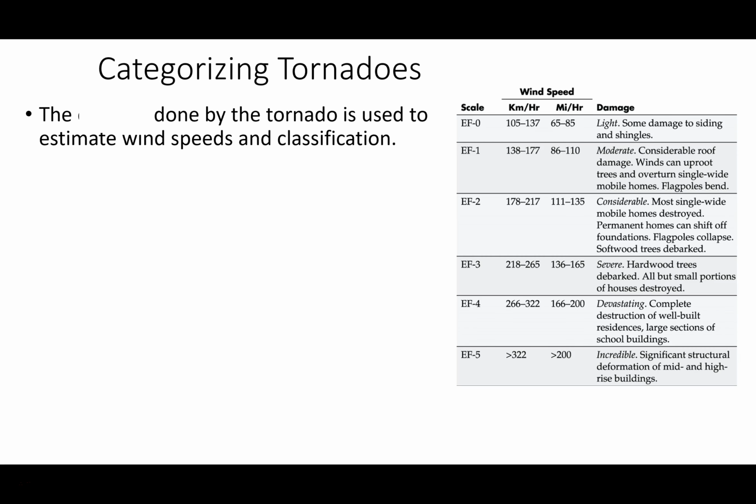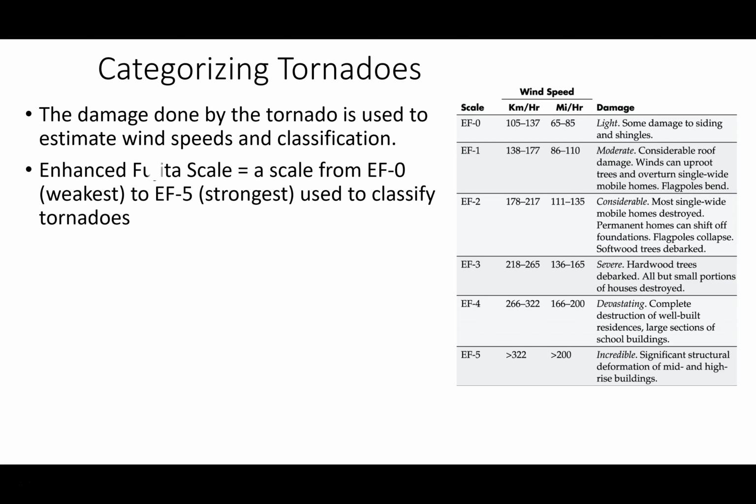Okay, so categorizing a storm, categorizing a tornado, a twister, comes after the fact based upon the damage. Instead of the Fujita scale, now it's the EF, or Enhanced Fujita scale. F stands for Fujita. The scale to classify hurricanes, which we're not going to have time to talk about, is a different scale.